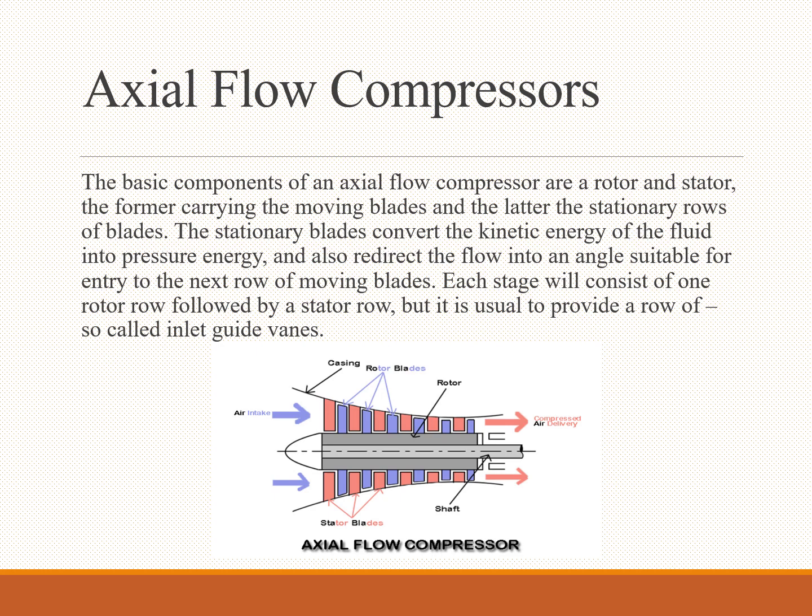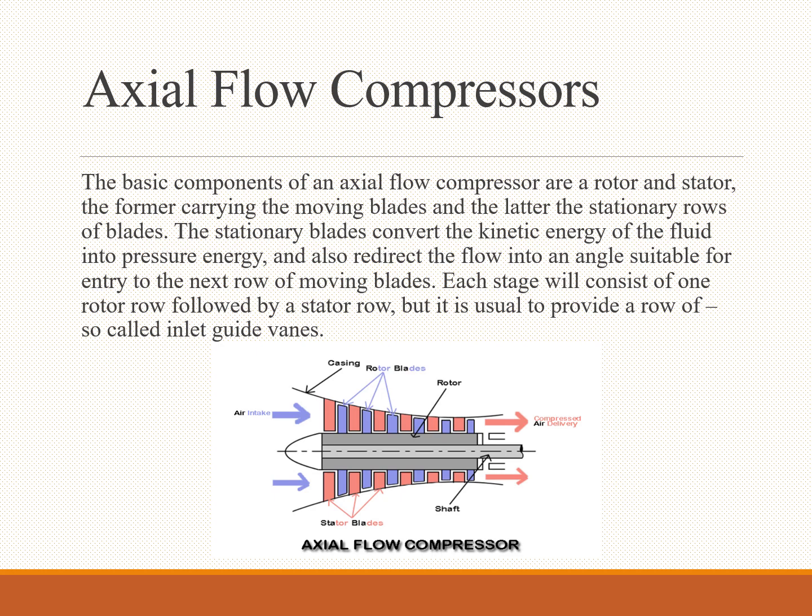Next we will discuss the axial flow compressor. So what is axial flow? The name itself means that the flow will pass in a linear direction, from one end to the other.